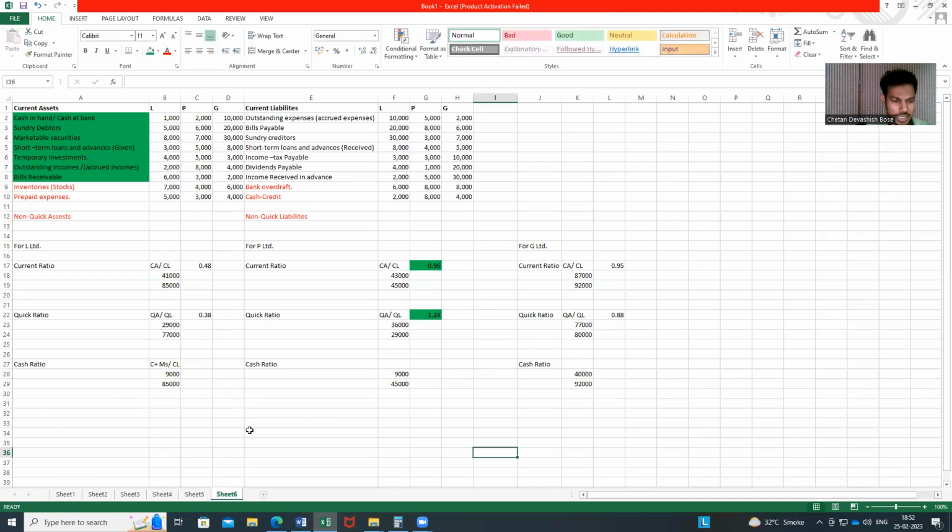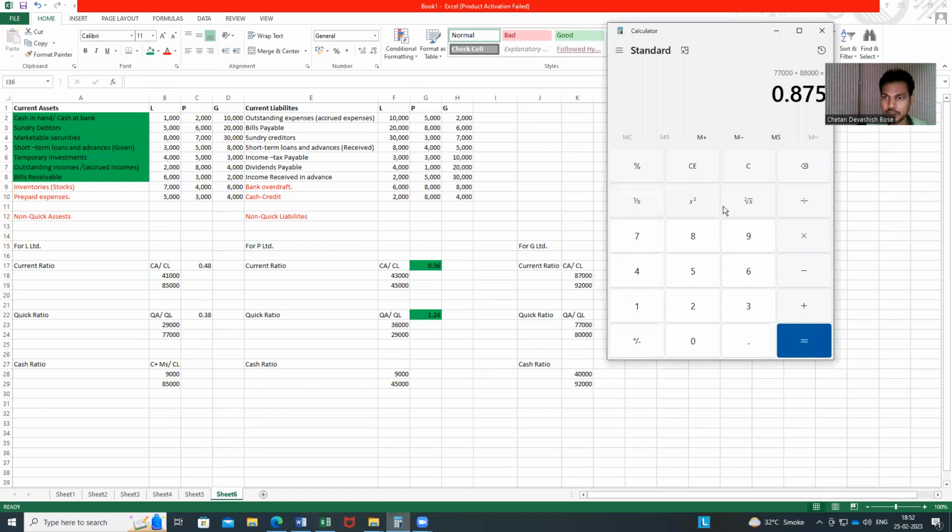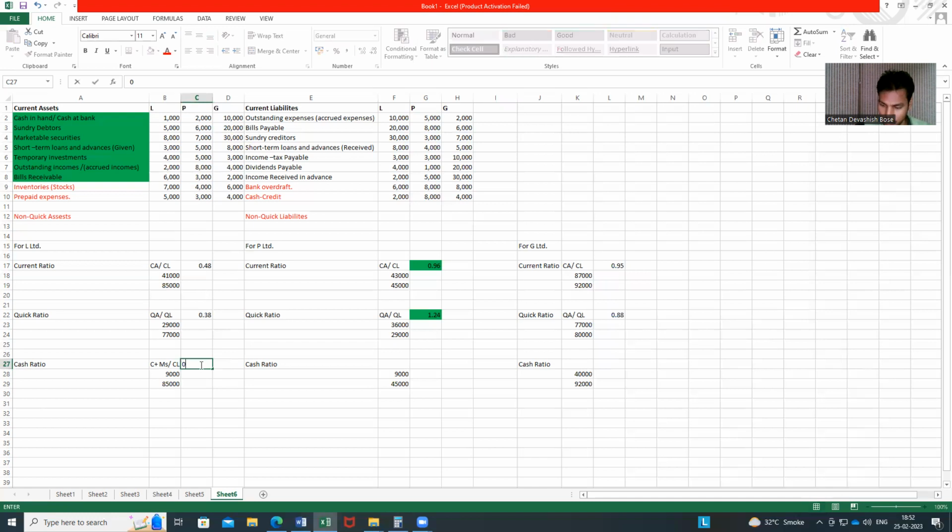So let me now quickly calculate and wind up this sum. 9,000 divided by 85,000. It will give me 0.105. So if I write 0.11, I have rounded off. I hope you know the concept of rounding off.